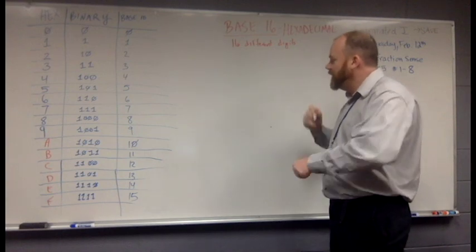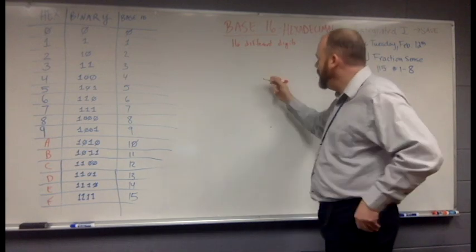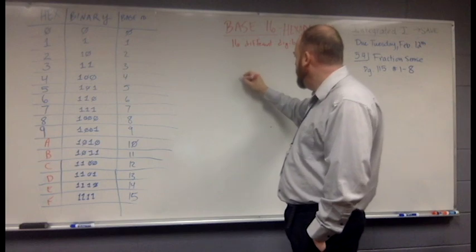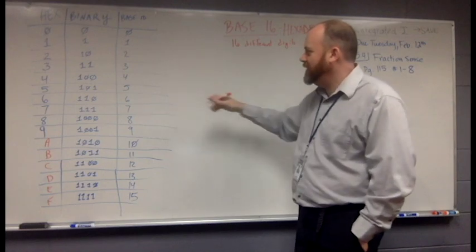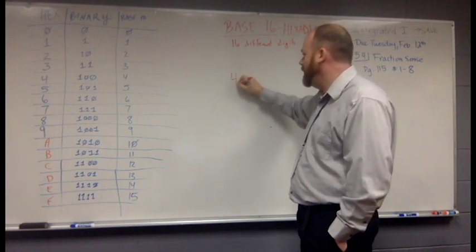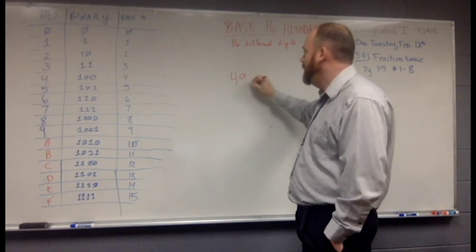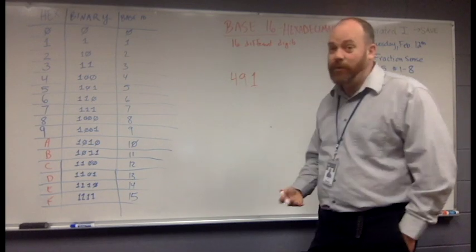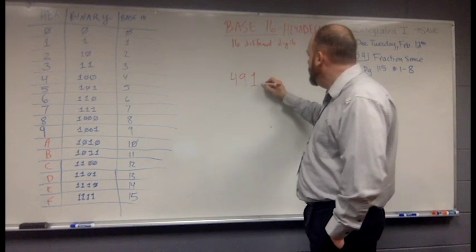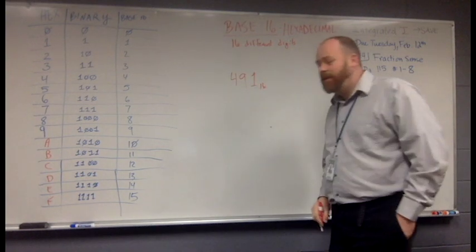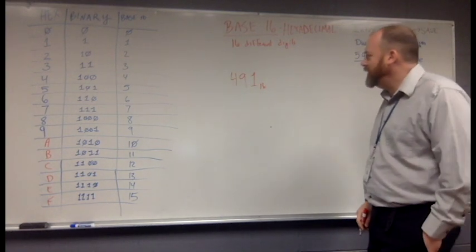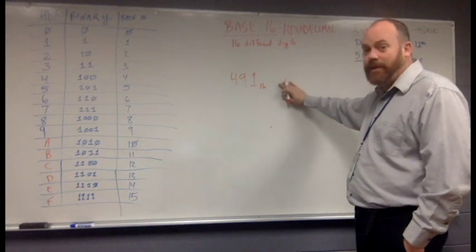But let's just say that we do a 3-digit base 16 number. So let's just randomly pick 491, or what we would read as 491. And we say that this is in base 16. The question is, how do we understand base 16 and how do we convert that to base 10?